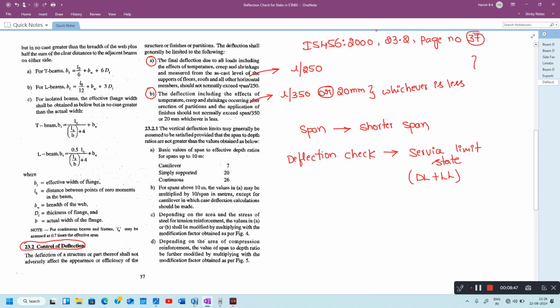These two are permissible deflection or allowable deflection.